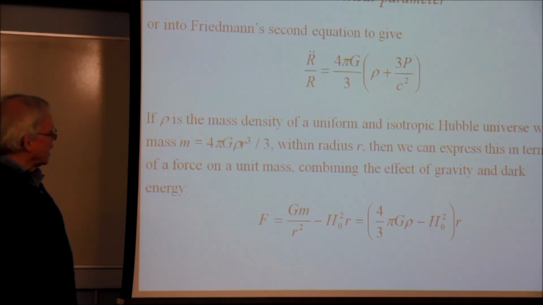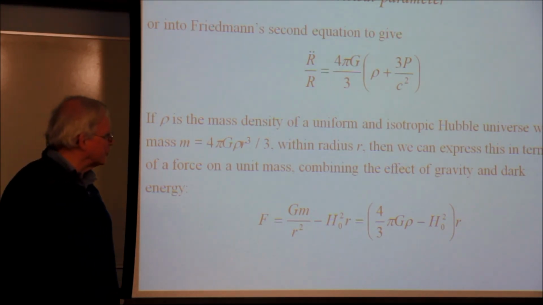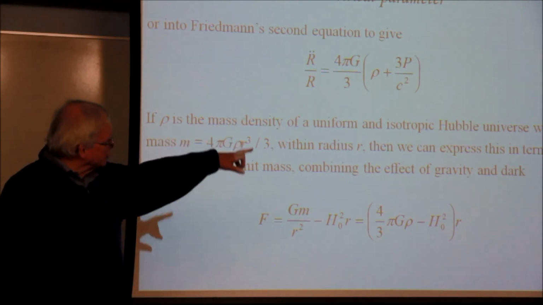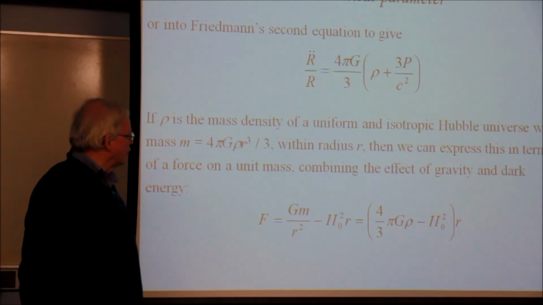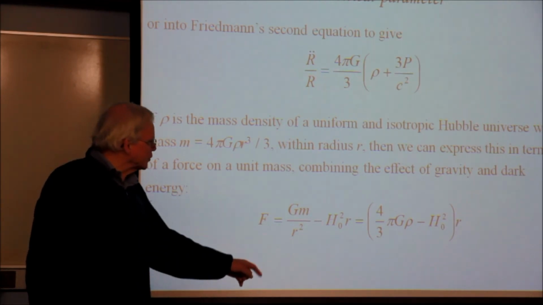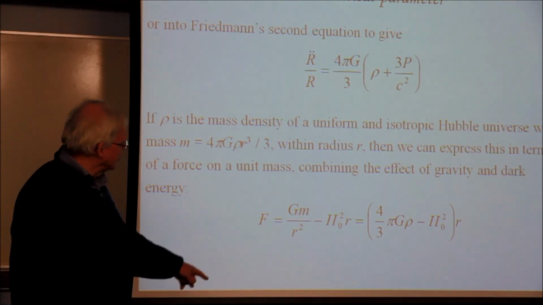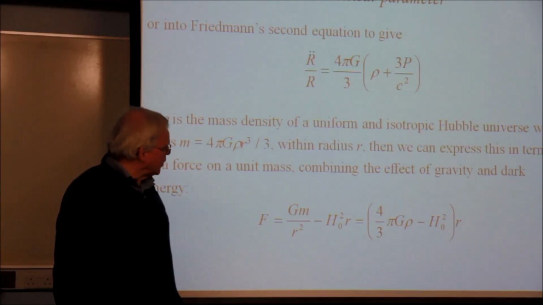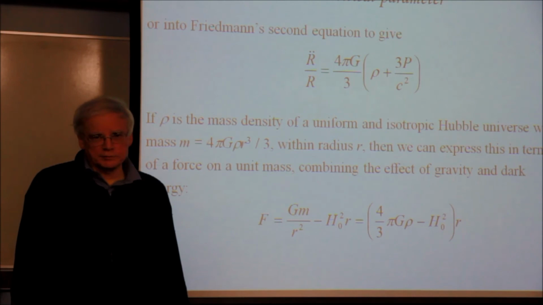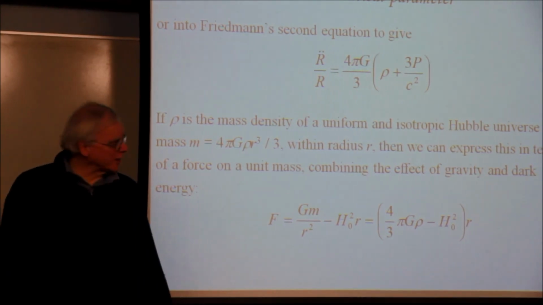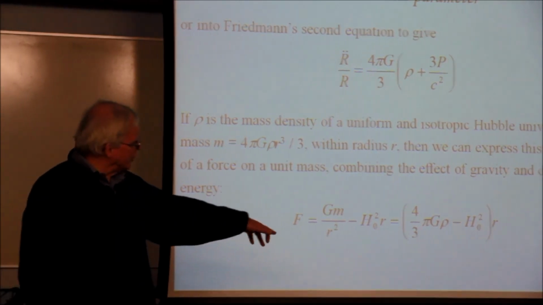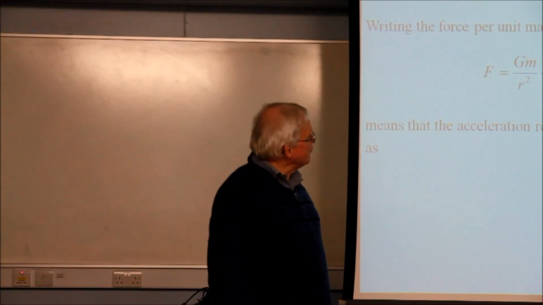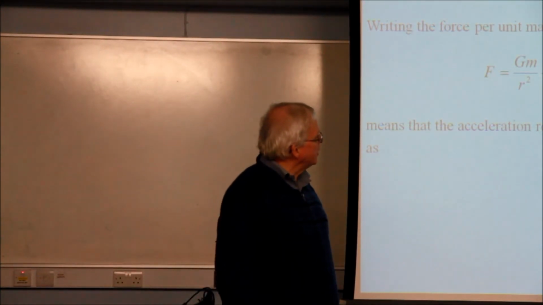And so if that is the case, we can express this as a force per unit mass. We can substitute in for 3p over c squared the expression we've already found, and we find an expression for force per unit mass, which is the one on the right, 4 over 3 pi G rho minus H0 squared times r. So if we hadn't got any dark energy term, it would be just 4 pi G rho r, the Newtonian term.